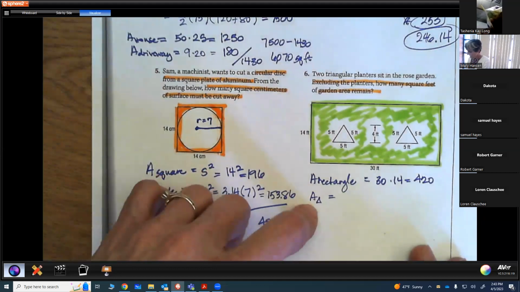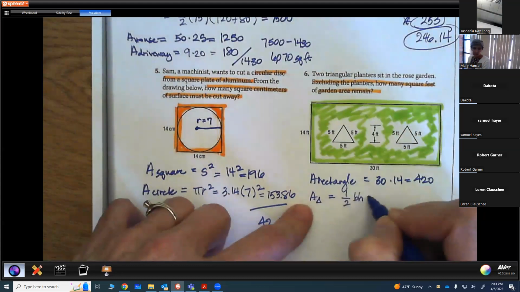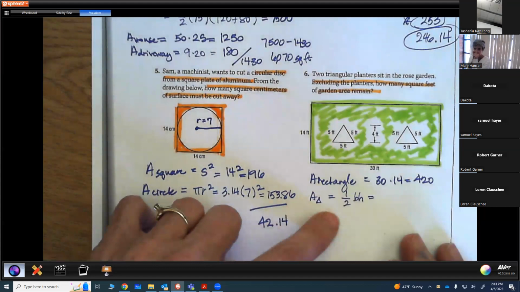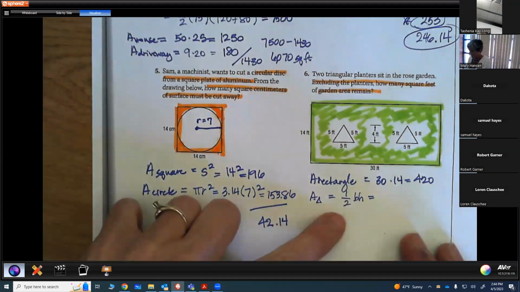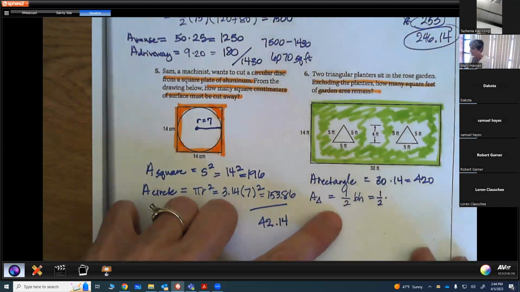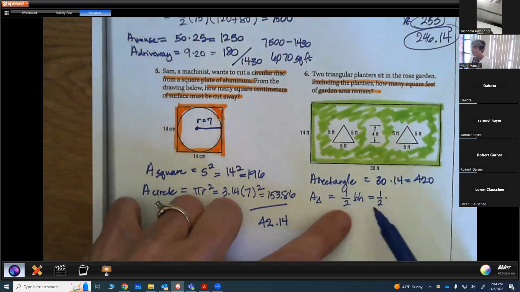Okay. Now the formula for area of a triangle is 1/2 base times height. And what measurements would I use for my base and my height for my triangles? Square feet, right, we're going to use square feet, but what number am I going to put for base?